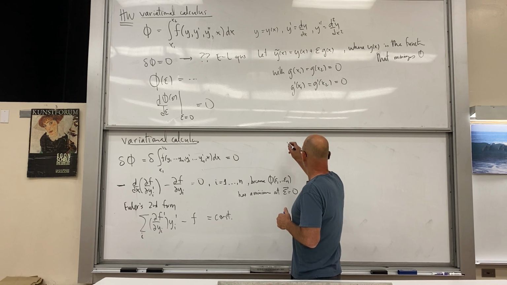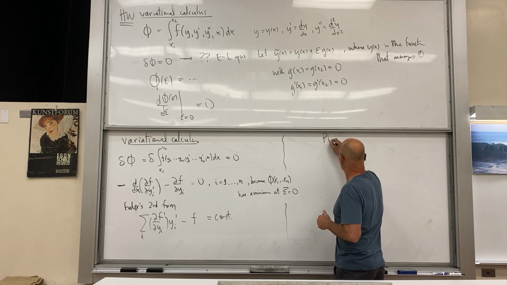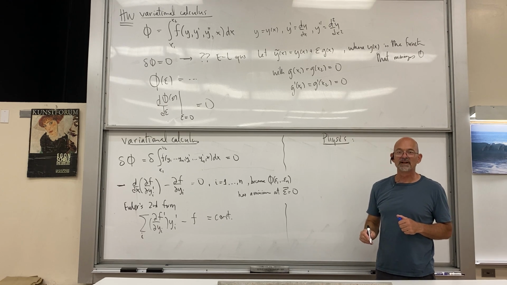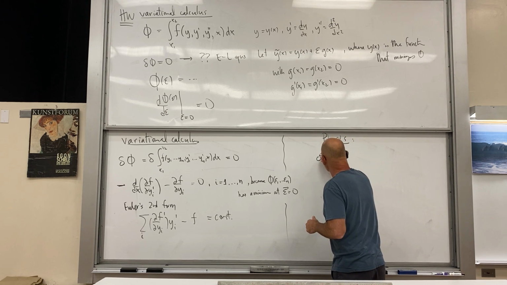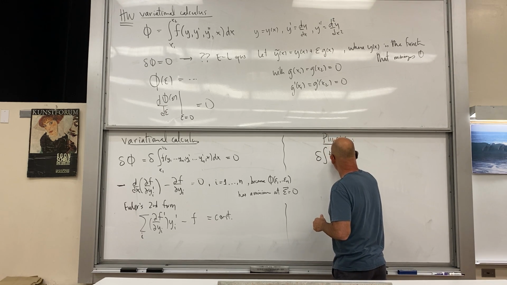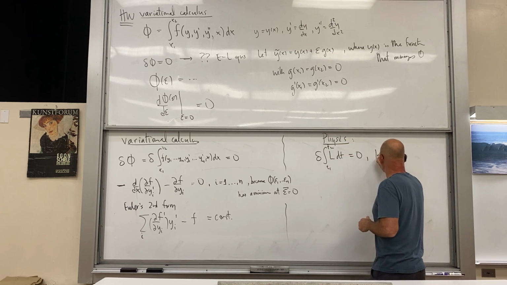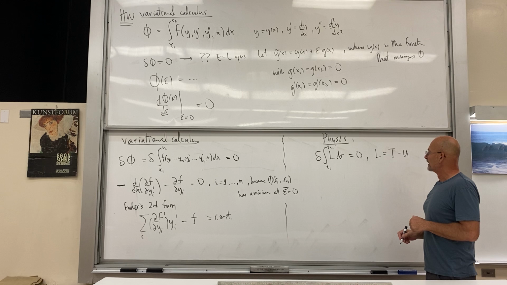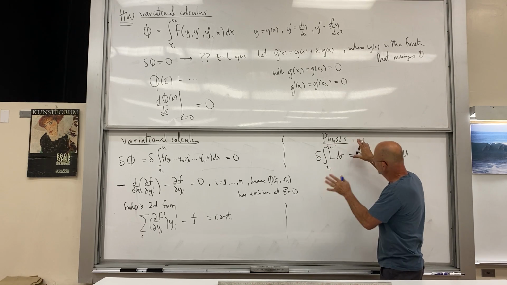So now I'm going to translate this to physics. In physics we have what's called the principle of least action. Remember, we derived that principle of least action earlier: the variation of the integral of L dt from t1 to t2 is equal to 0, where L is equal to T minus U. So what we did was we developed what this formalism meant, which was a bit vague at this stage.